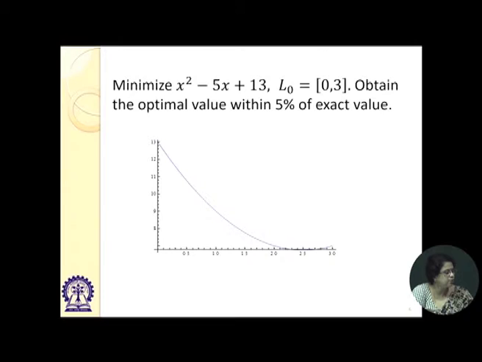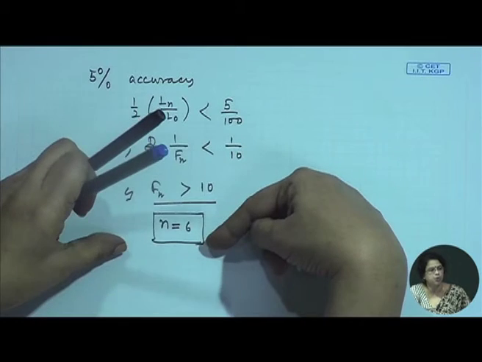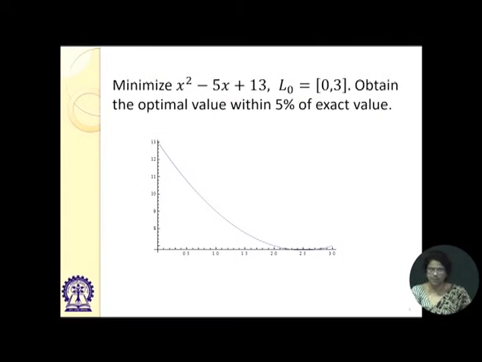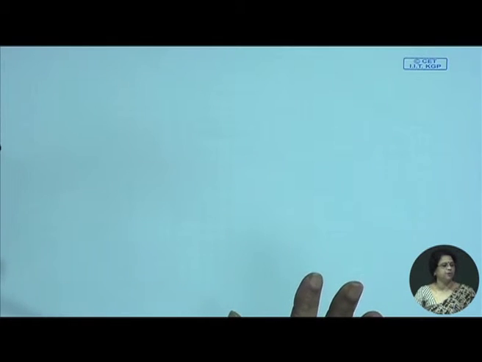Where is the mode? It's not much visible from the figure. But you see, I want to have 5% of the exact value, so as I was mentioning, I need to do 6 iterations. Let us start the process for calculating this.